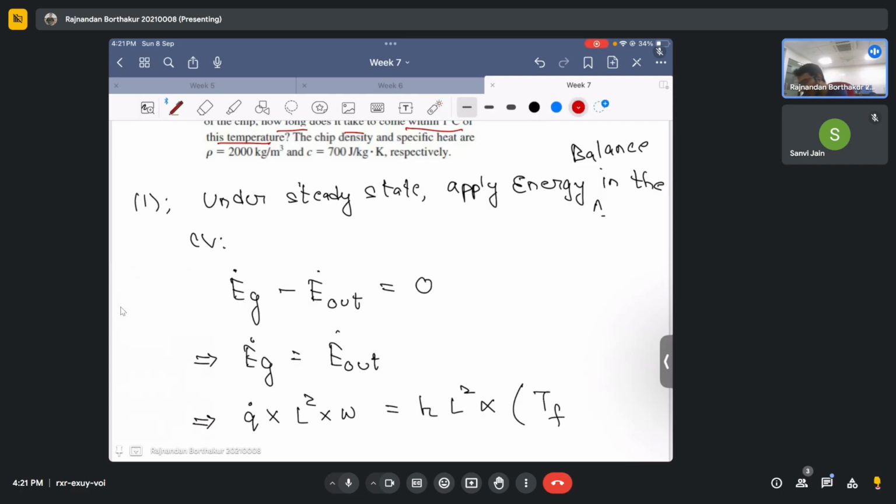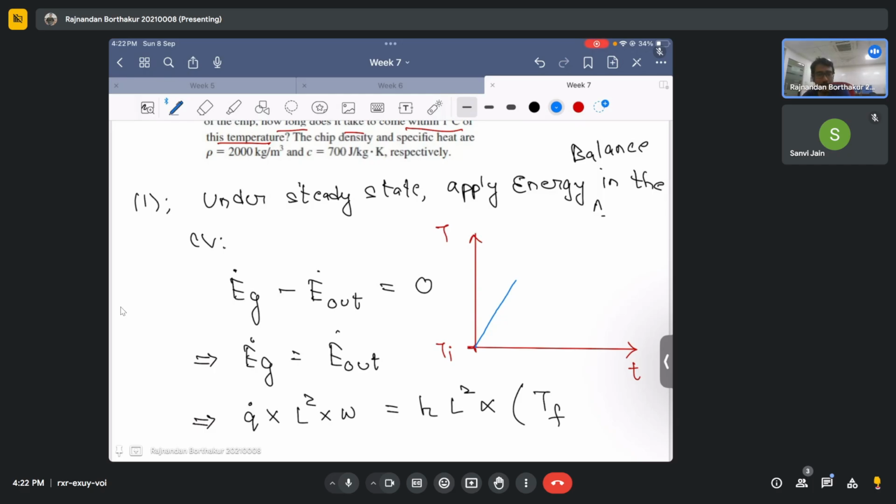So if I just denote this by a graph, if I plot the chip temperature as a function of time, it would be something like this. At time t equal to 0, it has some temperature Ti. Its temperature would rise.